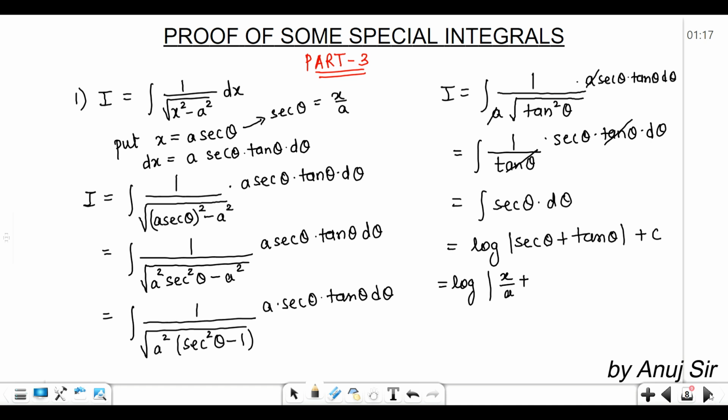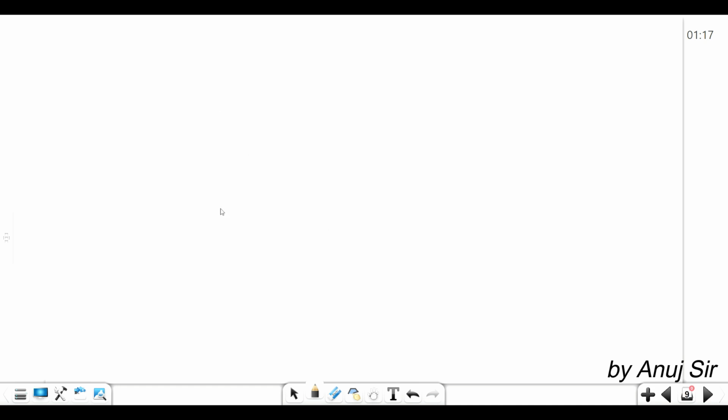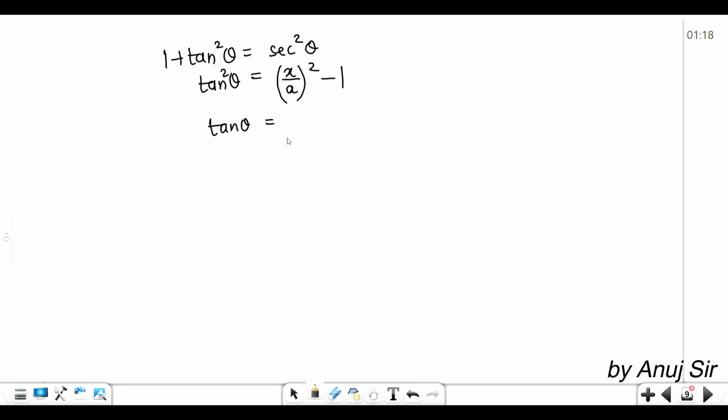Now we have the trigonometric identity 1 plus tan square theta equals sec square theta. The value of sec is x upon a, the whole square, minus 1, and this is tan square. So the tan value would be the square root of x square upon a square minus 1.